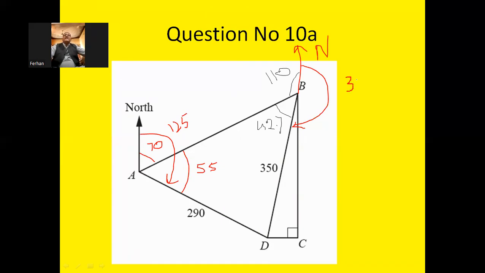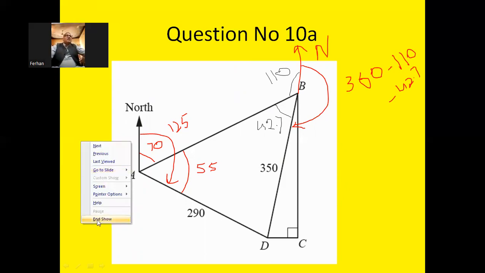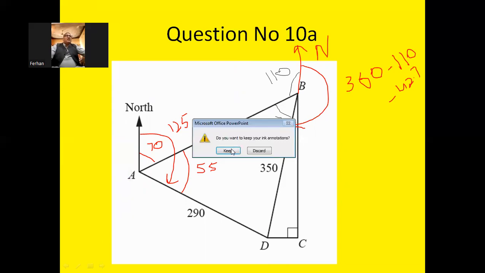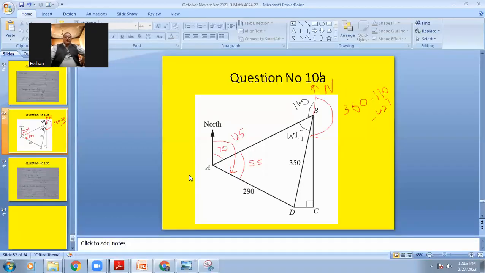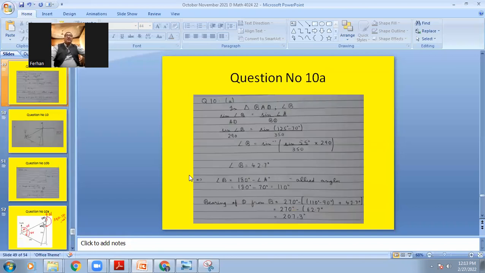From 360, you will subtract 110, and you will subtract 42.7, and you get the bearing of the D from the B. So I hope you have understood.